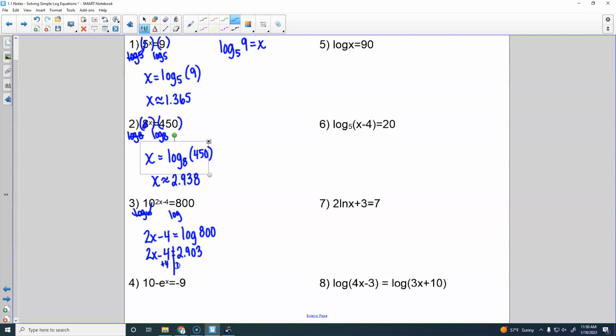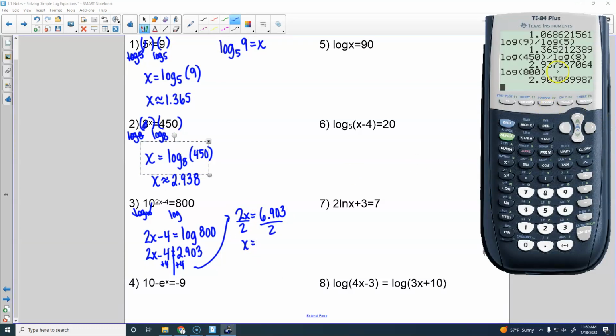Add 4, which is going to give me 2x equals 6.903. And then what would I do after that, Connor? Divide by 2. And here's where you want to make sure you keep it in the calculator because it's going to change it just a little bit. So I'm going to take this number that I had right here, add 4 and divide by 2.